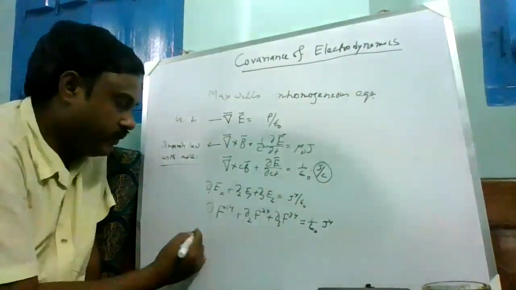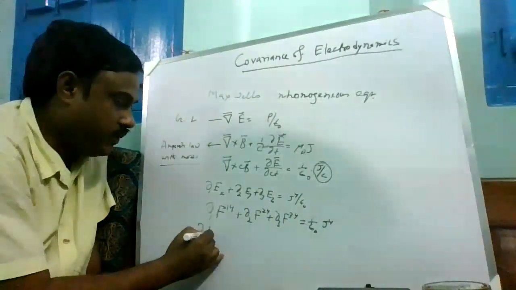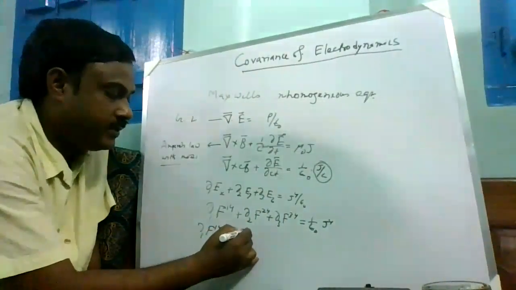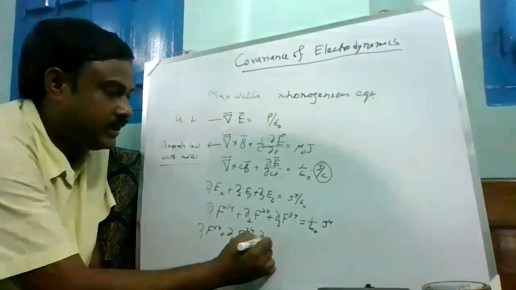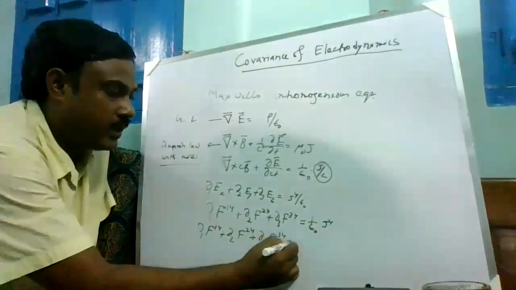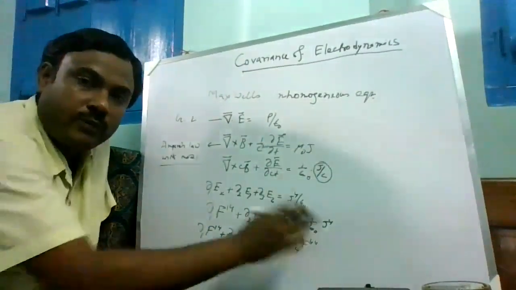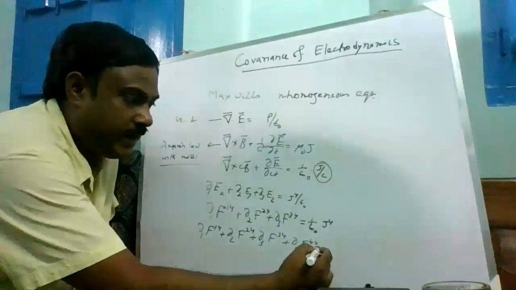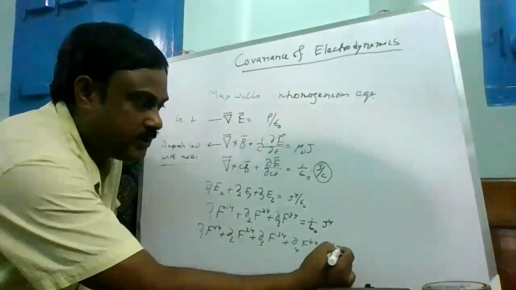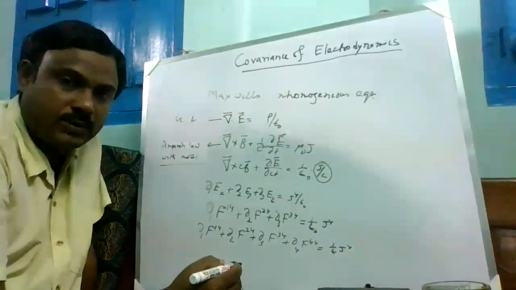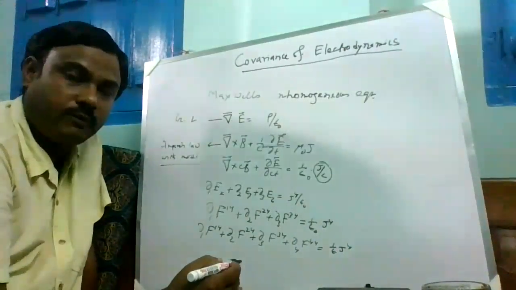You can conveniently add this term: del 1 F 1 4 plus del 2 F 2 4 plus del 3 F 3 4 plus del 4 F 4 4, but F 4 4 is 0. So you can add this term, 1 by epsilon 0 J4. If you write this equation in tensorial form, then what will be the form?